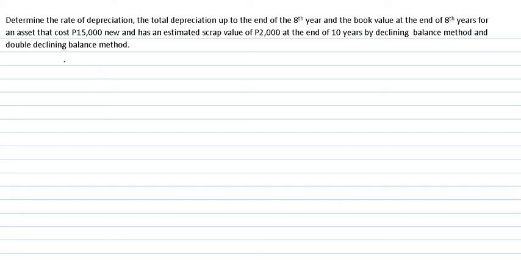So first we have to identify the given data. If you have noticed here, an asset costs 15,000. This 15,000 is the first cost.